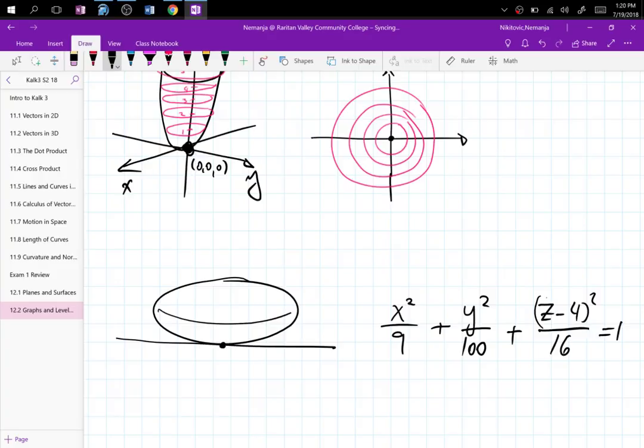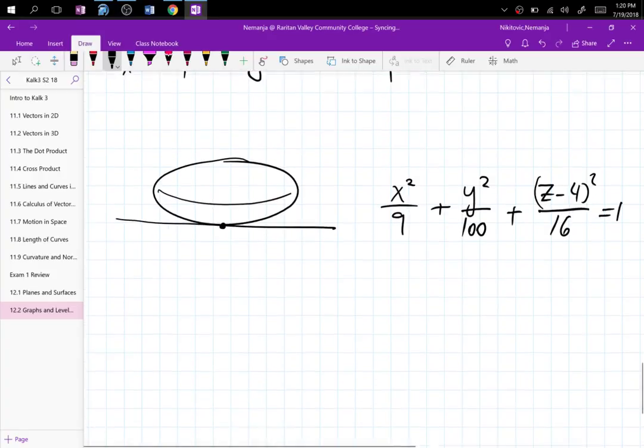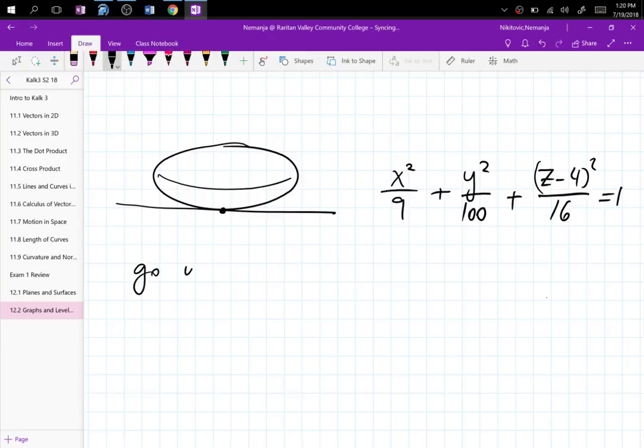If you look at this, all I need to do to find level curves is to say, okay, z equals 0, z equals 1. And as I am placing different z's into the equation, I will be getting ellipses, right? Because every time I put in z equals a number, it eliminates this. And you just get an ellipse after an ellipse after an ellipse, and they're all going to be concentric. So go with z equals 0, z equals 1, z equals 2, z equals 3, and so on.